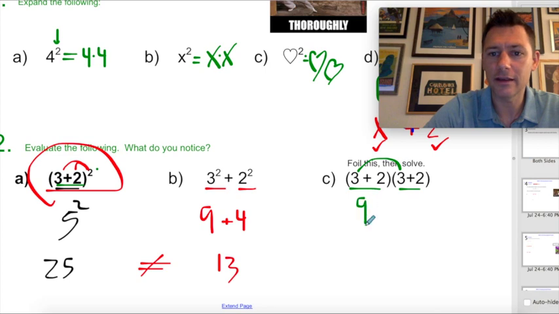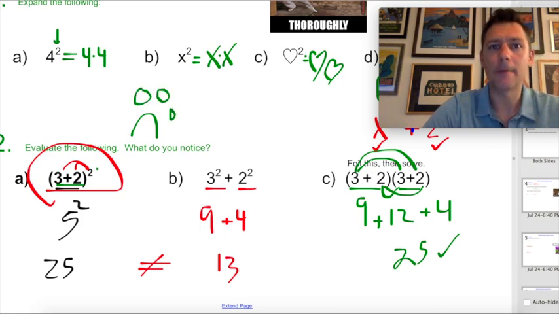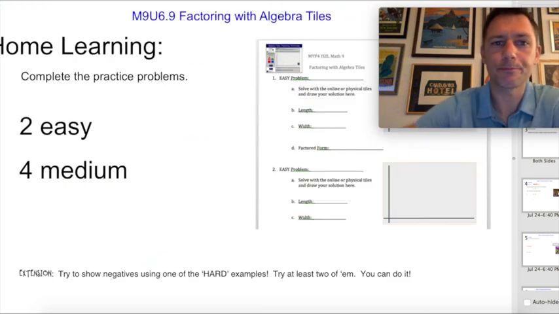That's 9. You multiply this and this, there's 6. Here's 6 more, so 12. And then 2 times 2 gives you the 4, and that is 25, right? So that works. But this drop-in technique doesn't work, so don't do it. Sad tear. Great, we're going to take that and move on.